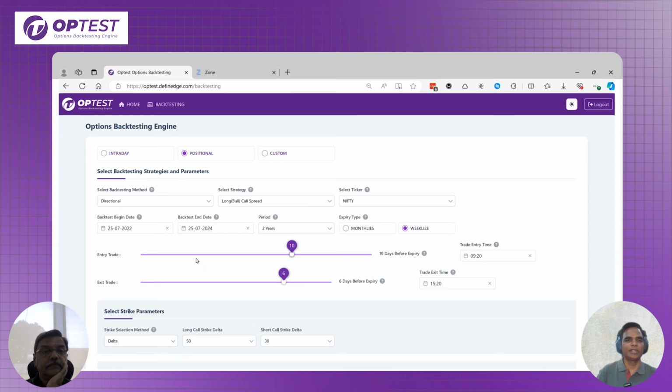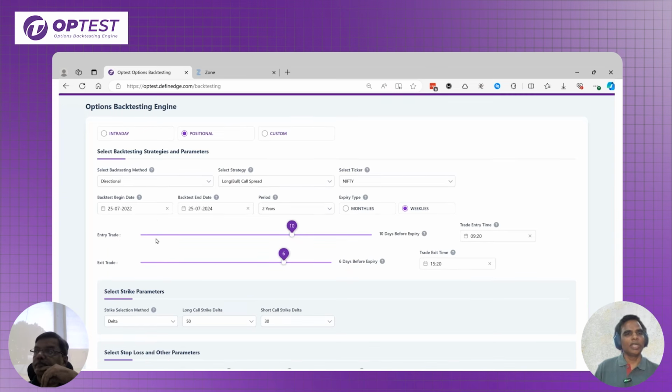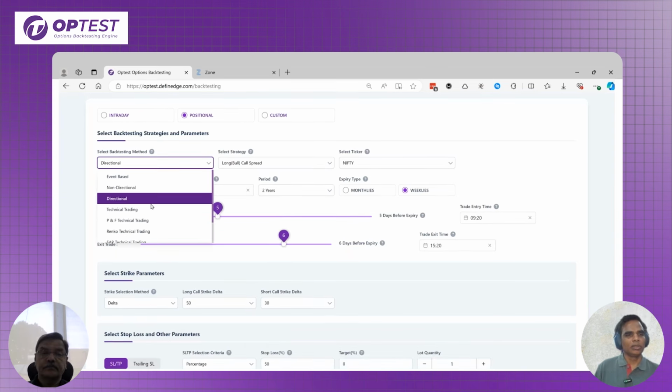The one where you enter today and exit tomorrow, positional, that is not possible in this, because this is based on expiry. It's not every day. So that might be in intraday, I believe. Anyways, we'll see. So I can do directional, very similar to non-directional also.